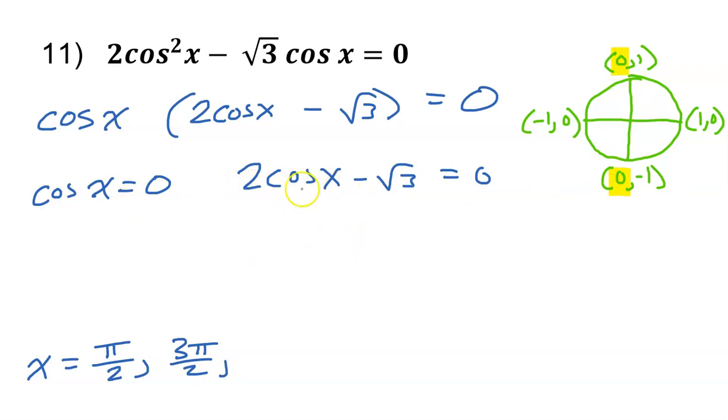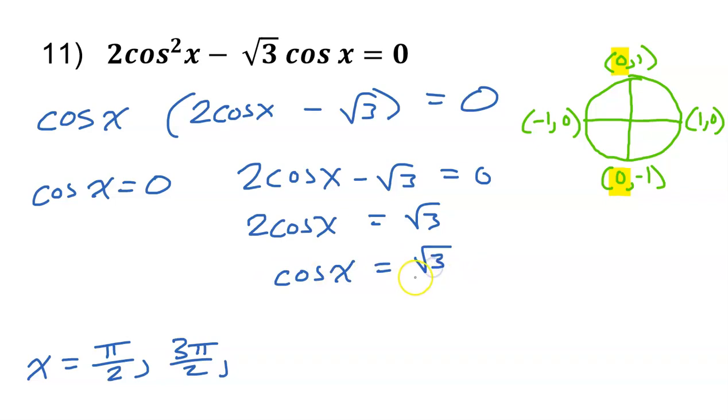Let's move on to the second mini equation. Let's add radical 3 to both sides. That will give us 2 cosine x is equal to radical 3. Dividing both sides by 2, we have cosine x is equal to radical 3 over 2. You should be asking yourself, what is the reference angle?